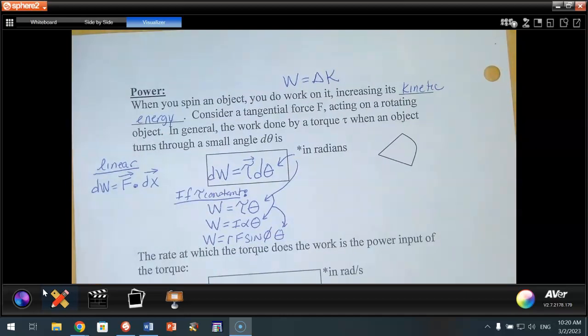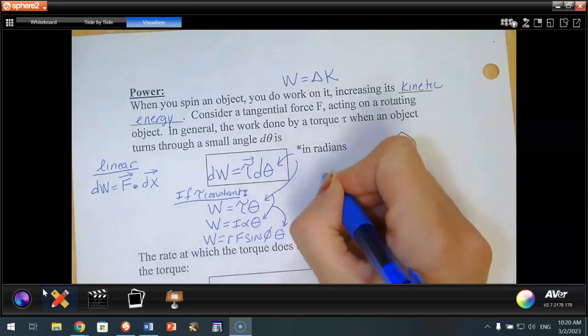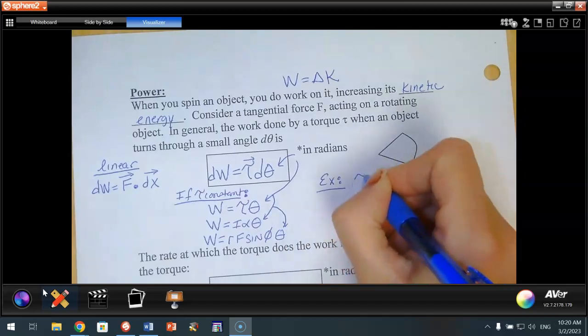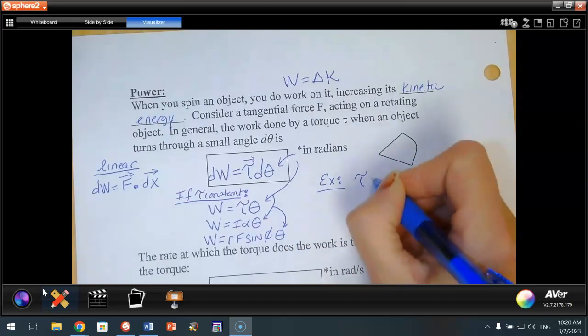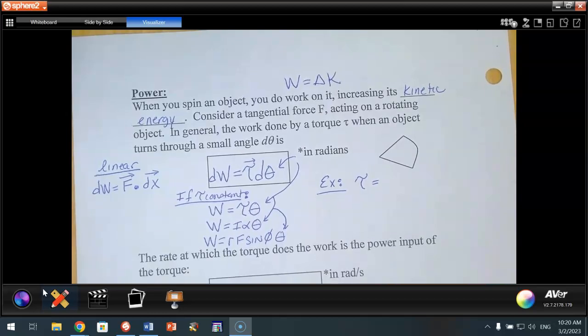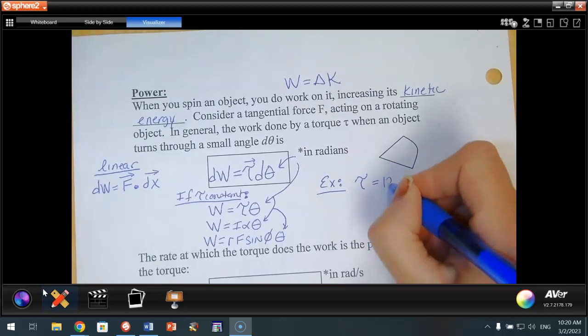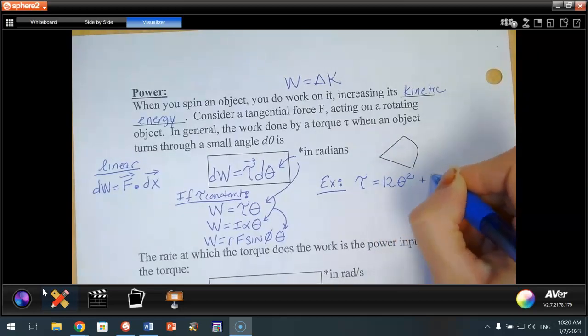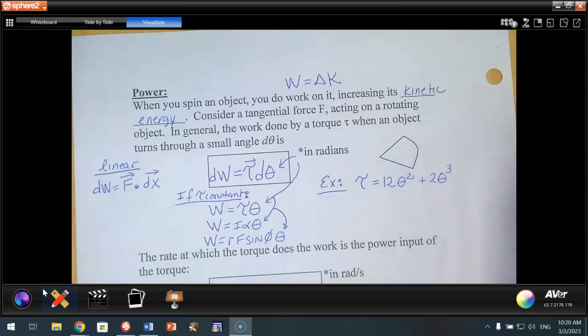But if torque is not constant, then you have to solve it a little bit differently. So I'm going to set up another example over here. Let's say that instead of torque being constant, torque is a function of the angle. Let's just use an example where torque is 12 theta squared plus 2 theta cubed.